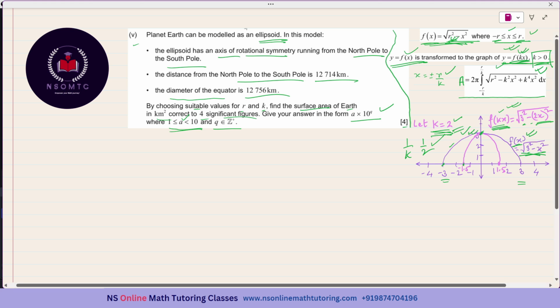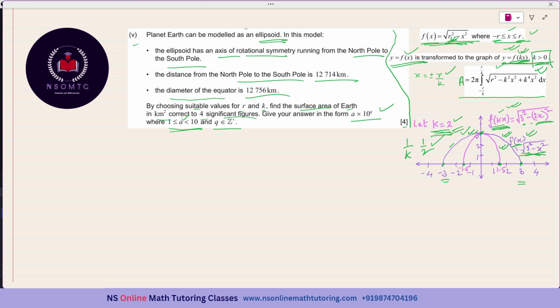So it comes to this point, negative 3 over 2 or negative 1.5. Similarly, this point 3 comma 0, the x-coordinate is 3, it is getting halved, which is 1.5. Okay, so now you see the semicircle is getting changed to a semi-ellipse. This is what we are having.